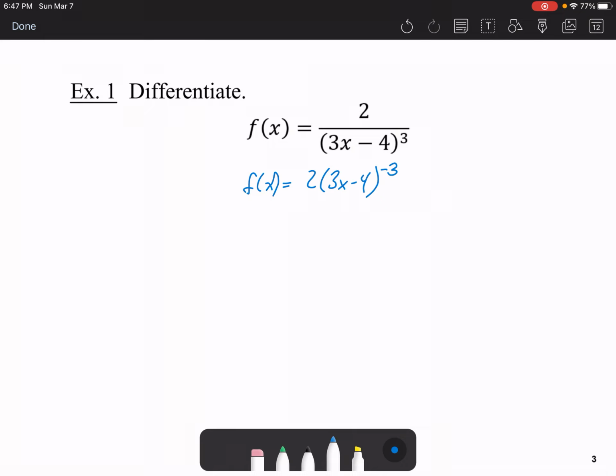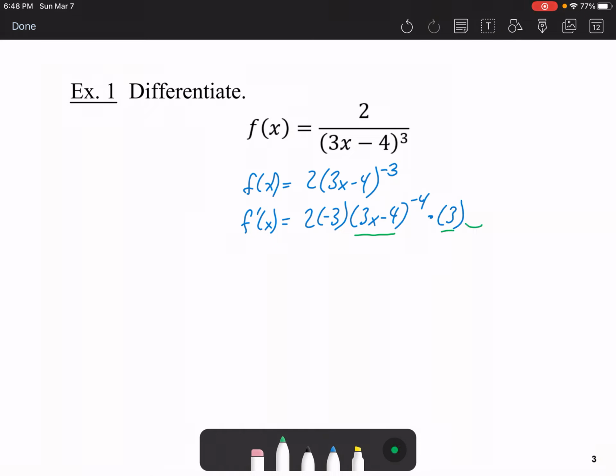So I'm going to take that negative 3, bring it down, and I'm finding my derivative. So 2 times negative 3 of 3x minus 4 to the exponent negative 4. You'll notice here the 3x minus 4 did not change. It's still the same expression that you had before. But now we multiply by the derivative of 3x minus 4, which is the value of 3.